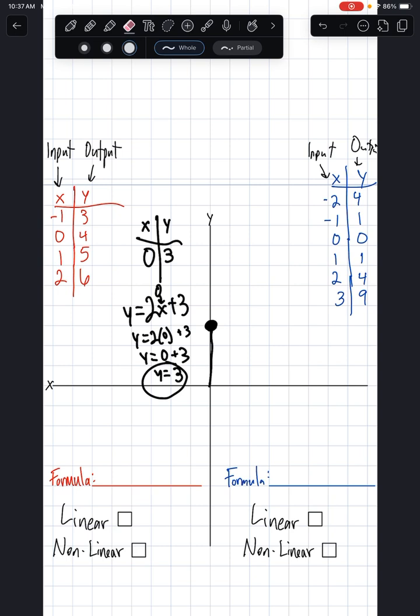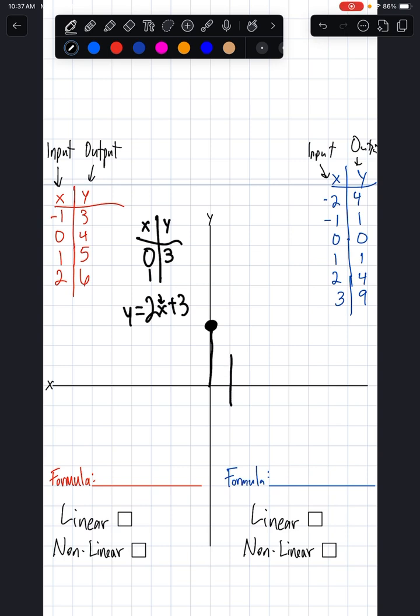And we can do that for all of our x values. So if we say that x is 1, which will be right here on this part of the grid, that makes it y equals 2 times 1 plus 3, which equals 2 plus 3, which equals 5. So this is our output when we input the number 1.